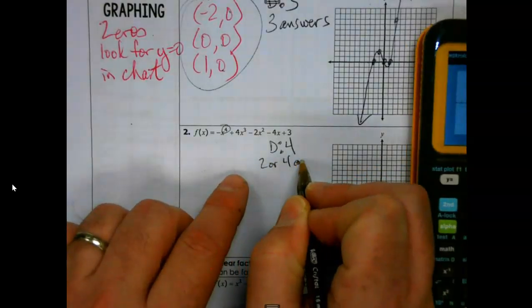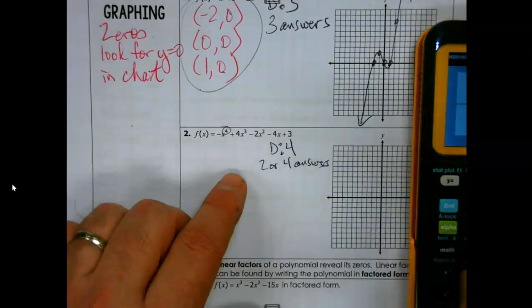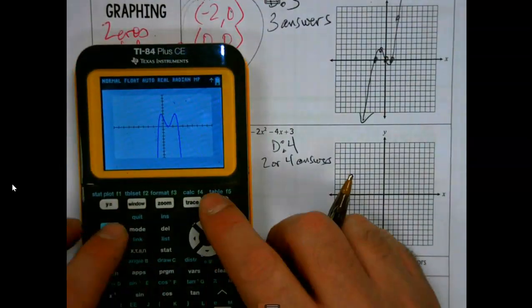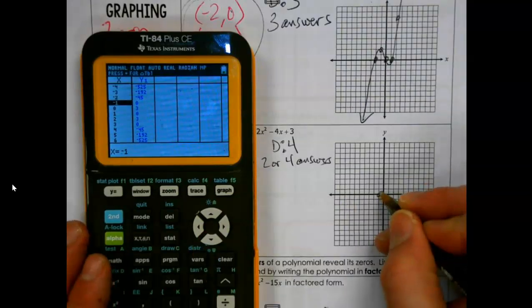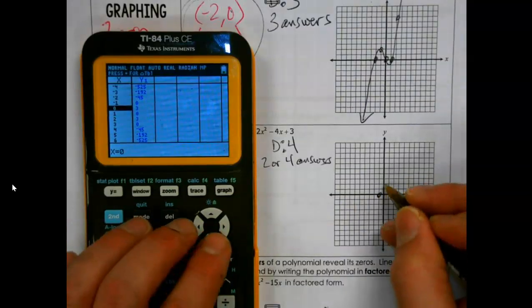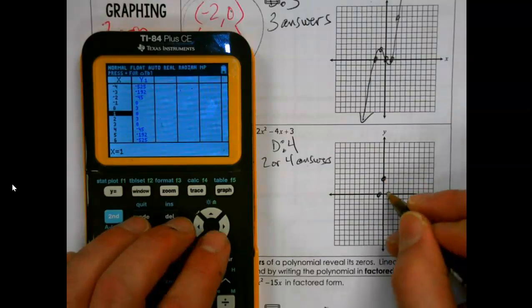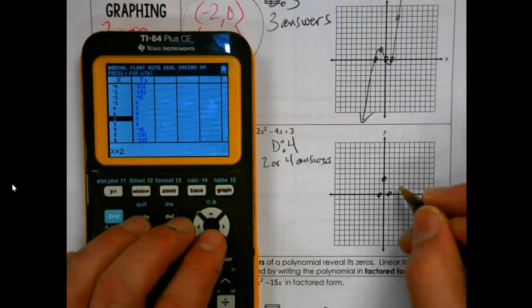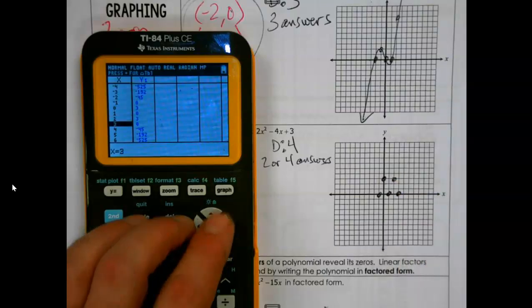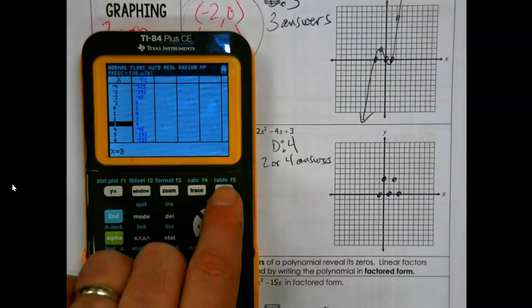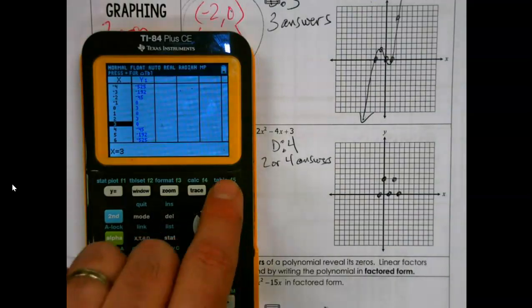So let's see, when we go to get our chart up, because we want to graph this stuff, what we happen to find. Those are the only 5 points that tend to show up on my calculator here that are going to be helpful.